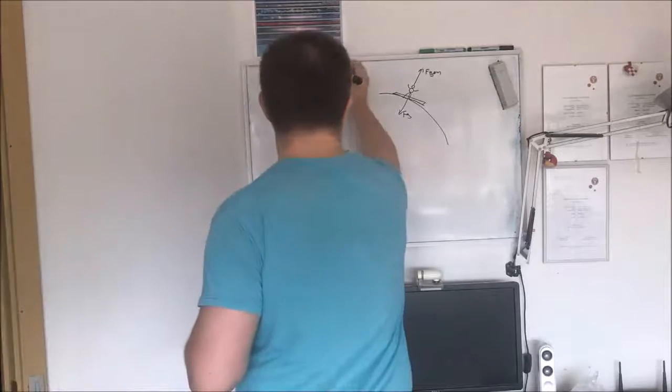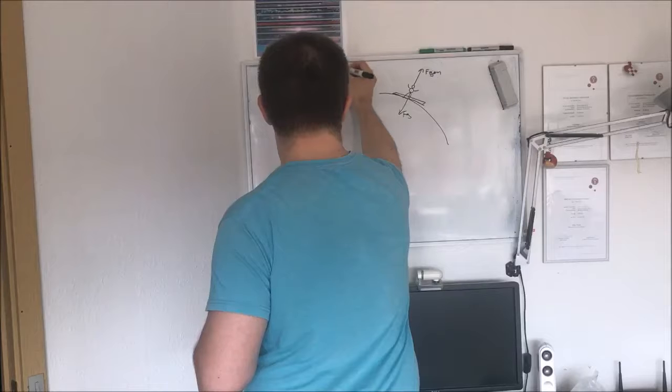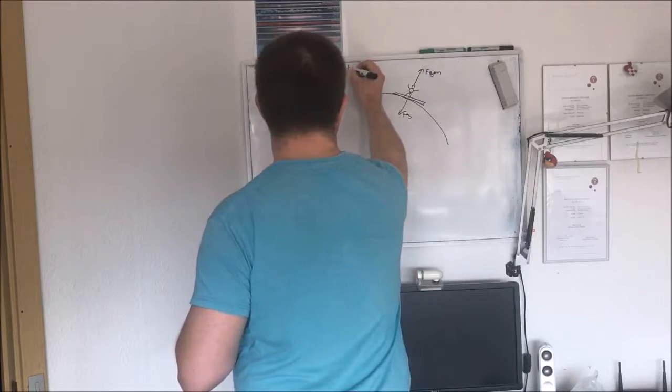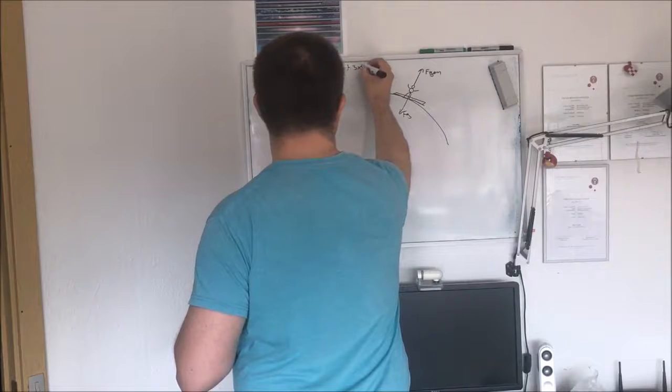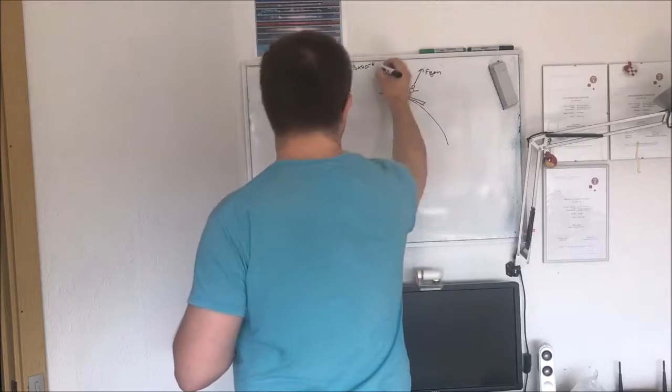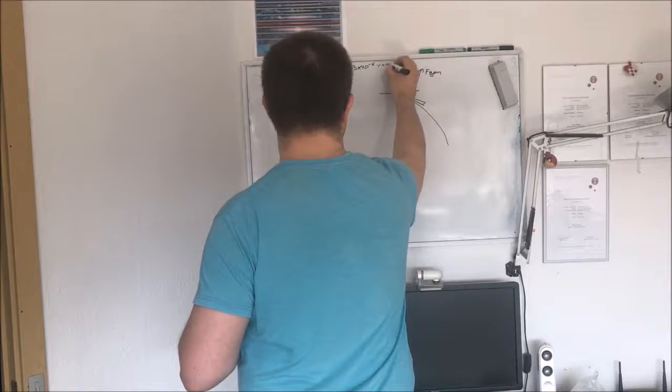And again we said that ω equator is 7.3 times 10 to the minus 5 radians per second.